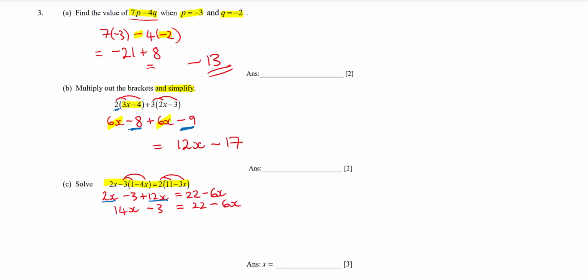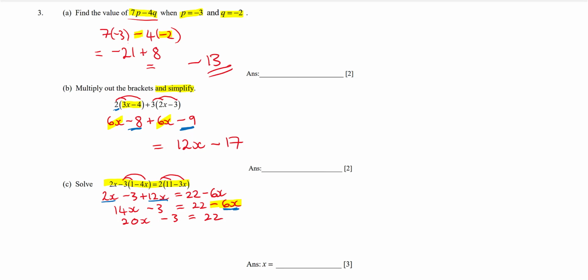So on the right hand side, I've got this minus 6x here. So I'll add 6x to both sides. So that'll get rid of that minus 6x from the right hand side here. So adding 6x to both sides then, we get 20x minus 3 is equal to 22.